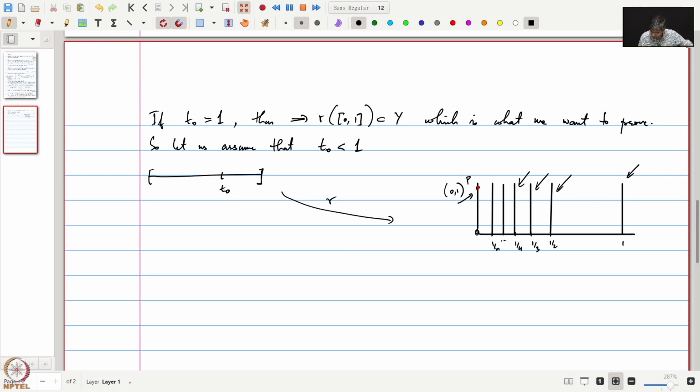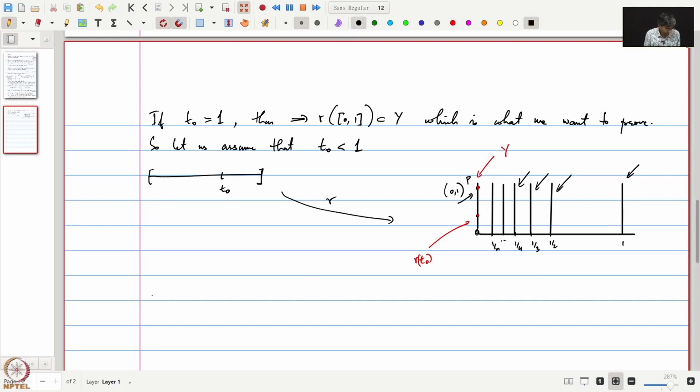So this point is gamma T naught. We just showed that gamma T naught is contained in Y. So this is our Y.